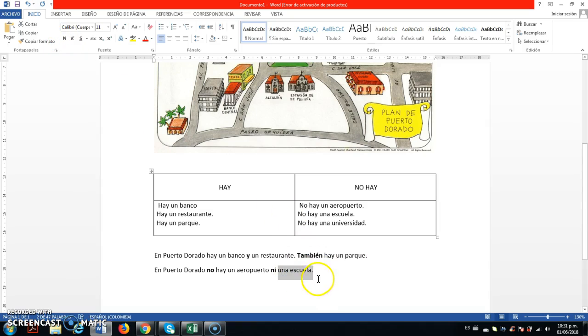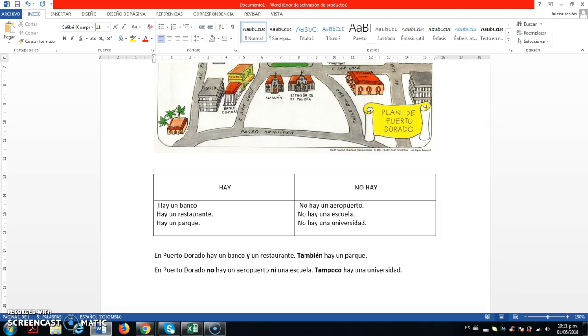Negativo, no hay. Tampoco, negativo, tampoco hay una universidad. ¿Ok? Tampoco hay una universidad.